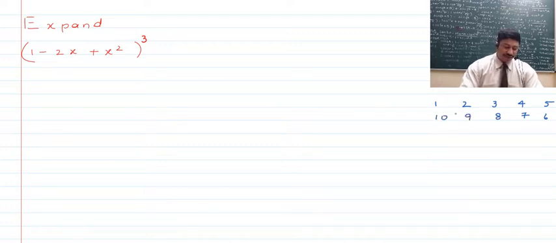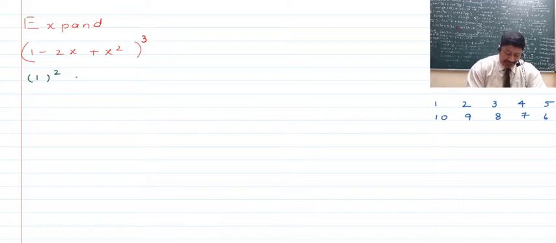Here, children, we have to expand, in place of a binomial, a trinomial. But if you look at this, it looks a little familiar. We can write this as 1 squared, and to that you can add 2 times 1 times minus x, so that will give you minus 2x.